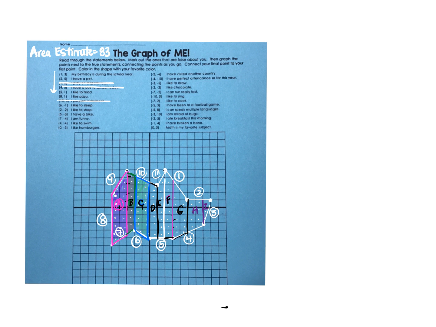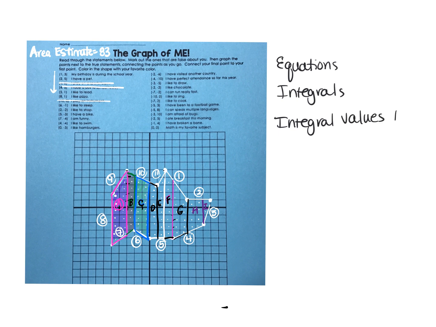So once you have all of your equations for lines, all of your integrals set up, you have found your integral values by using Desmos. These are the things that I'm looking for from you.